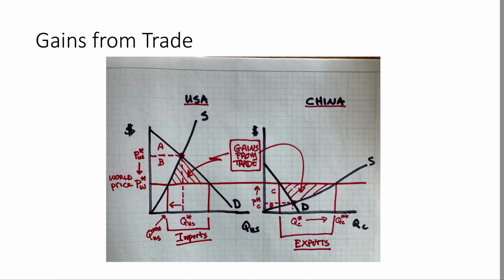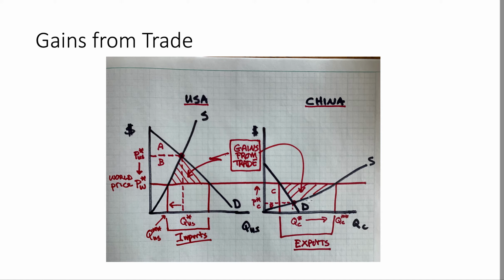In China, the exact opposite story. Now producer surplus goes way up because now they can sell at a higher price. And so they get more surplus from both the domestic market and from exports. And consumer surplus for the Chinese goes down, but that's just a transfer.